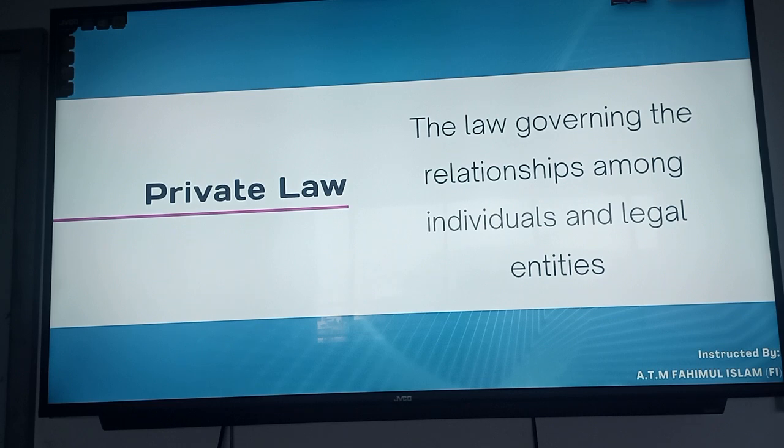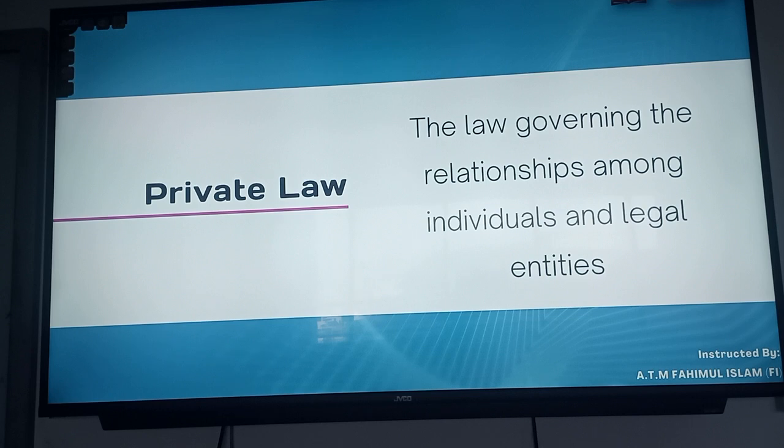In a contract dispute, suppose Thomas offers to sell a car to Jane for $10,000. Ms. Jane accepts the offer but then changes her mind and decides not to buy the car. So Thomas then sues Ms. Jane for breach of contract, seeking damages of $10,000. It is one example of private law.